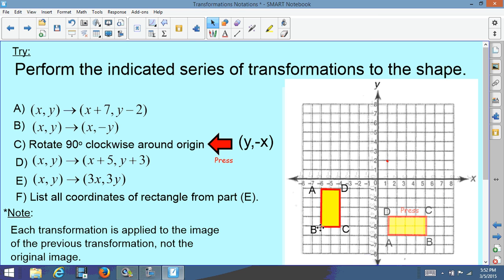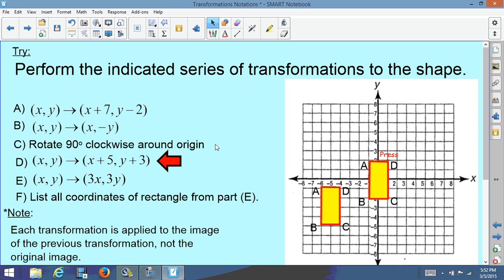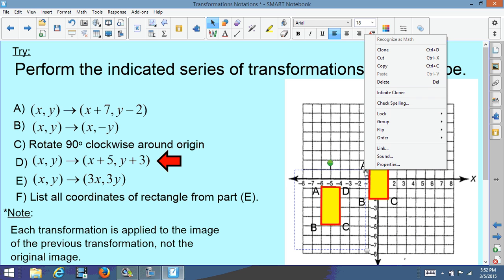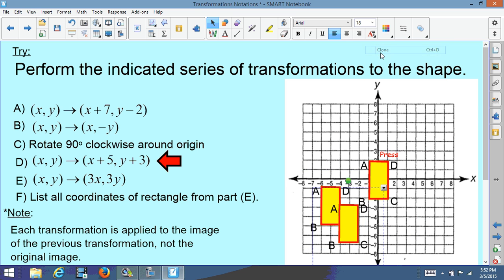So that's another translation, and let's see what that looks like. Like that. So by lifting that up, let's clone it so we can see.